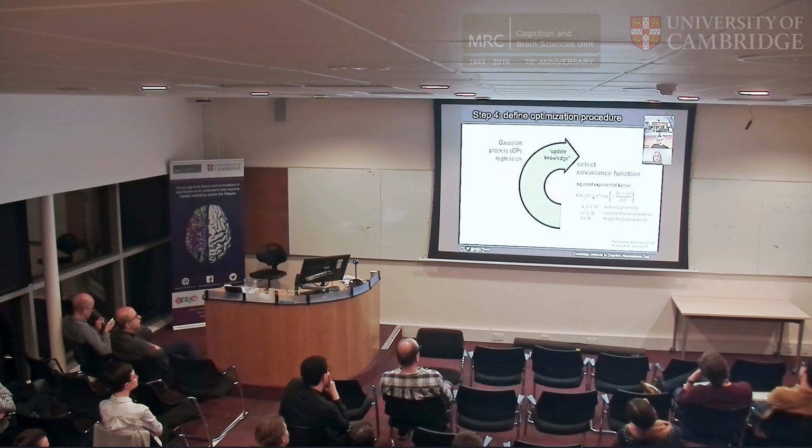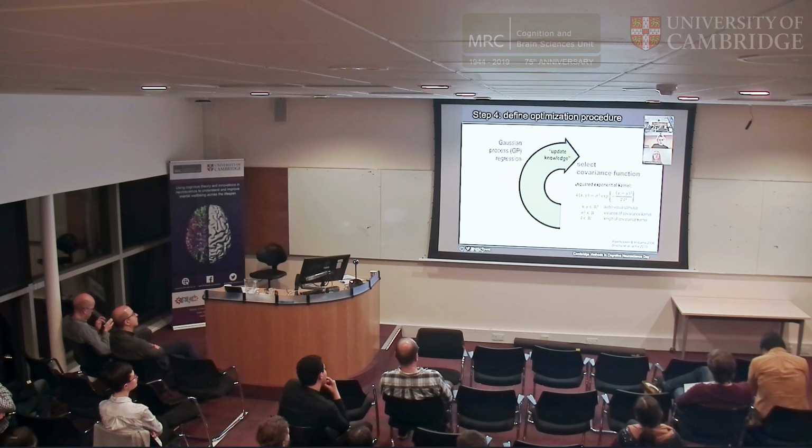And the nice thing about this smoothness assumption is that this is where the efficiency of the approach comes from, because once you've seen basically unoptimal conditions, the approach will not look further in this same kind of region in that space, but move on and explore other regions in that space. So this is where basically the intelligent and the efficient search comes from, this kind of covariance function assumption. But you can also choose other kernels. So there are many different kernels available, and you can adapt them to your research question.